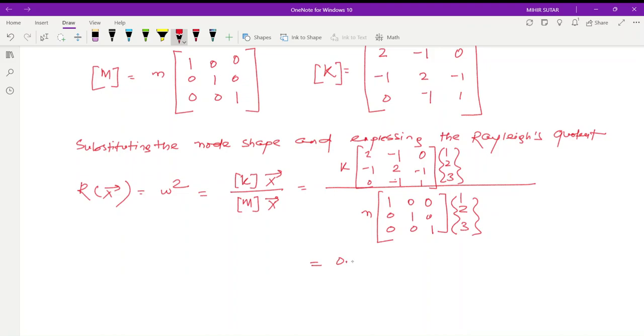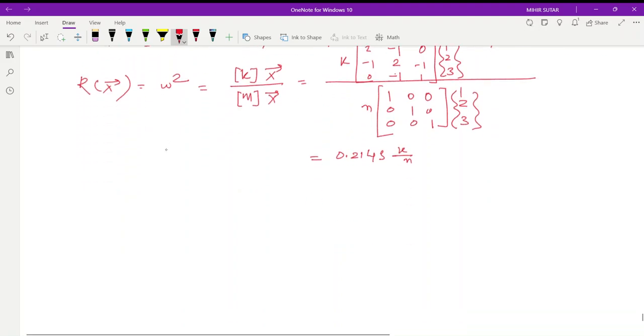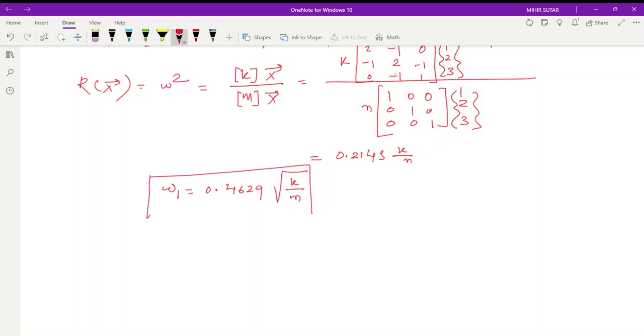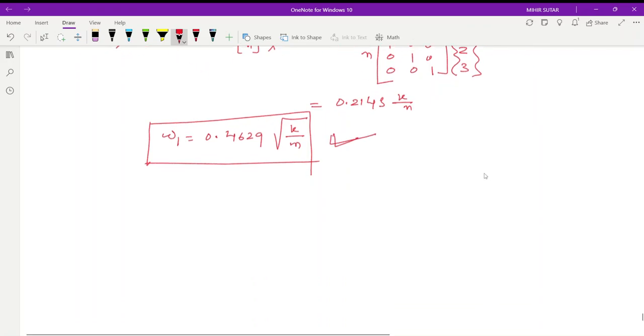So it is 0.2143 k by m. Okay. So we can say the natural frequency omega 1 can be represented as 0.4629 root of k by m. So in this way, using Rayleigh's principle, we can find out the natural frequency also. Okay.